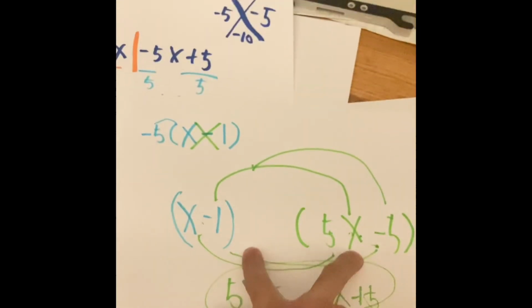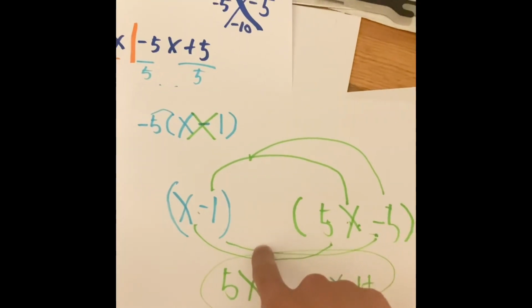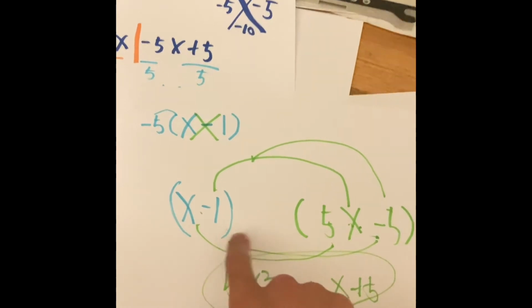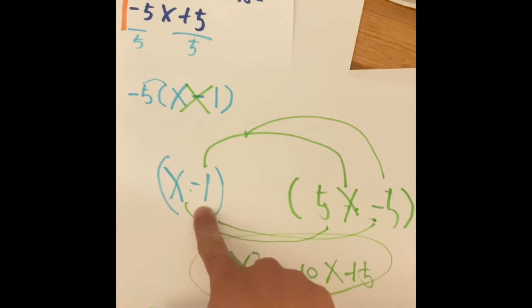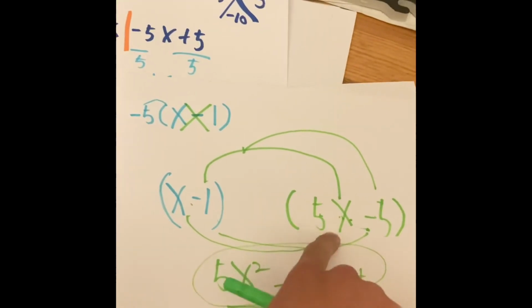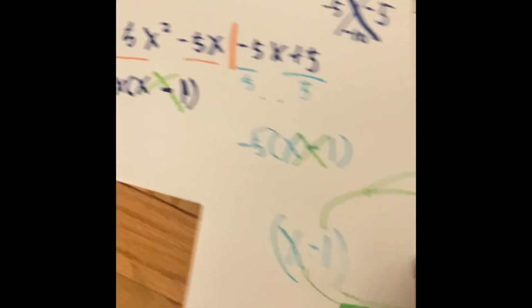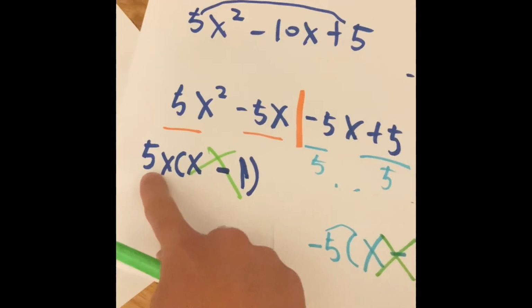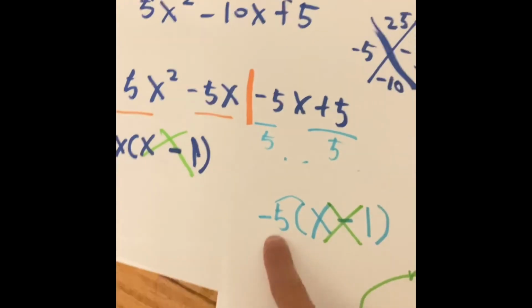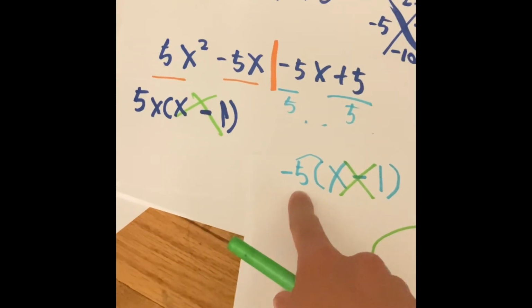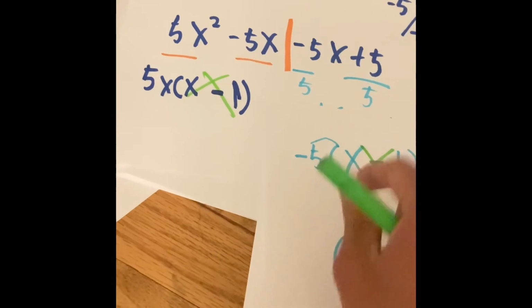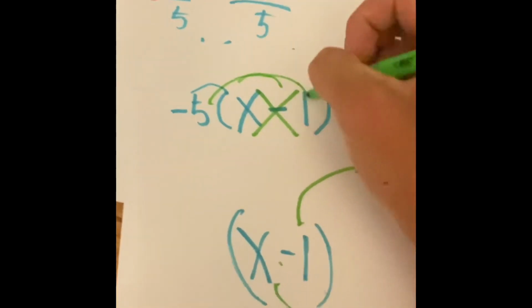And we can apply that to the two factors right here. At the end, when you do a fact check, you usually multiply the first factor by the second factor. And the leftover numbers like 5x and negative 5 are ones that haven't been used. If you look at it a different way, it's this times that, and this times that.